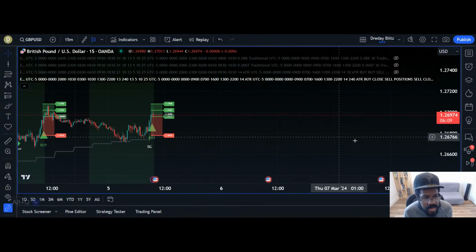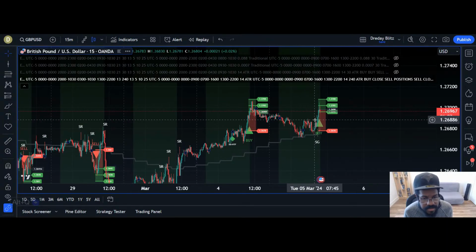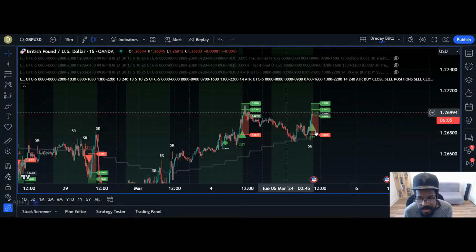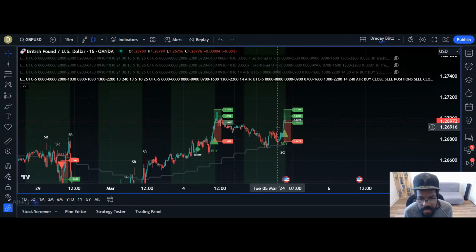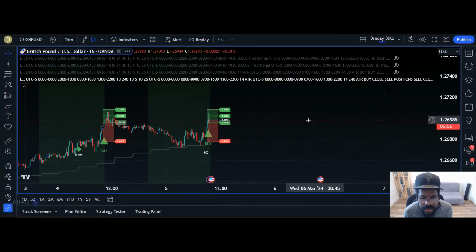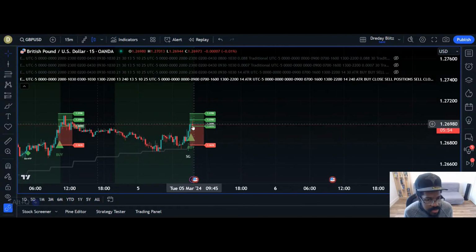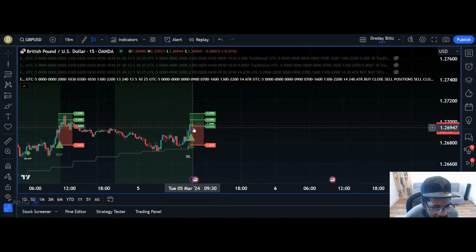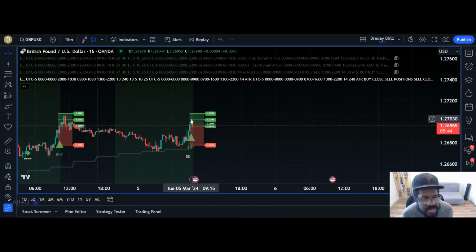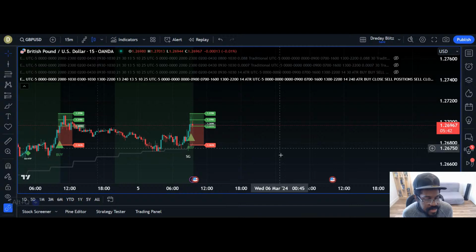Bullishness here, as you can see, everything's going up. This is where we're at with the TP. That one hit TP1, TP2.